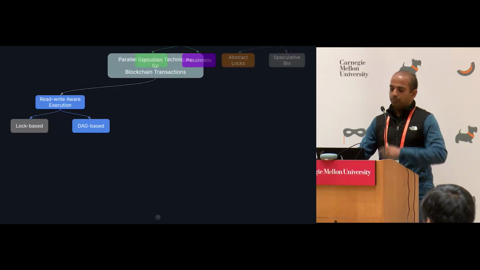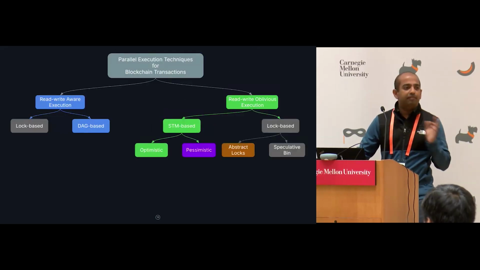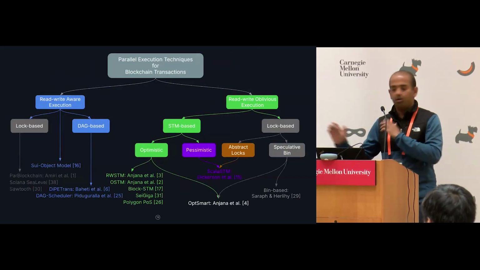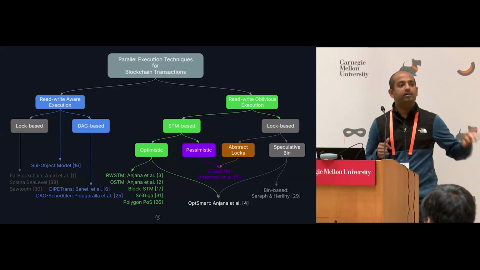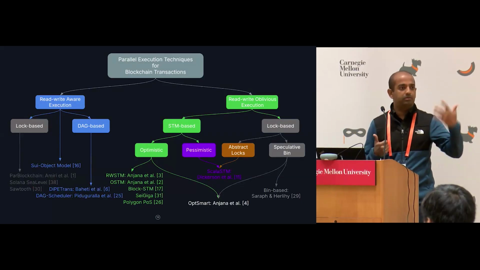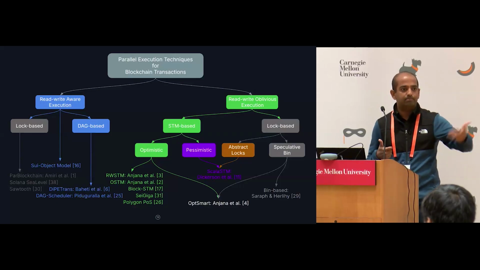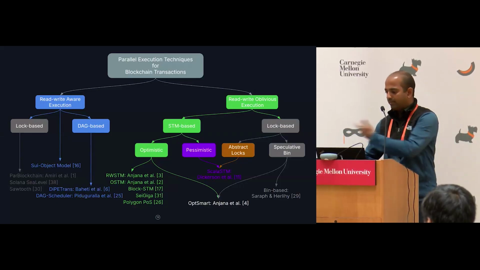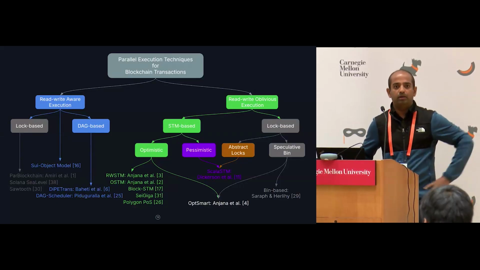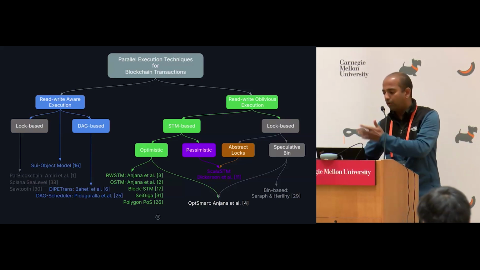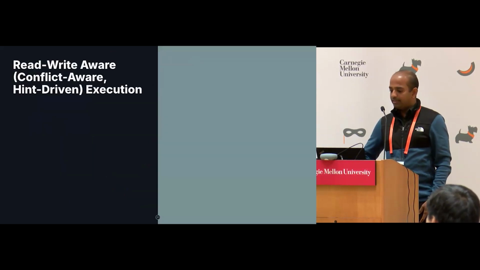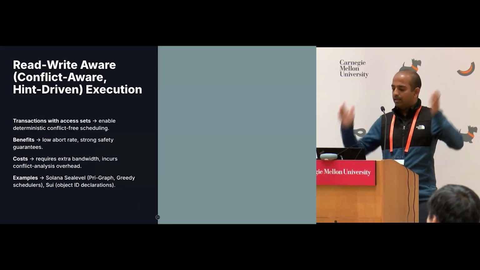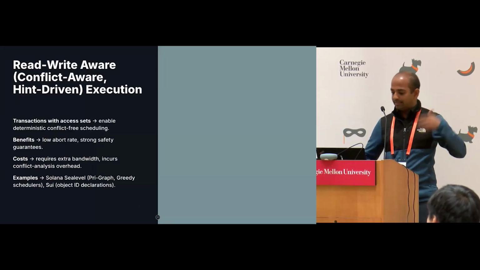And most blockchains, it's fair to say, fall within one or the other model. The most famous example for the read-write-aware model is probably Solana, which gives you the entire read and write set as part of its execution, and pretty much Ethereum and Aptos Move fall under the oblivious category.